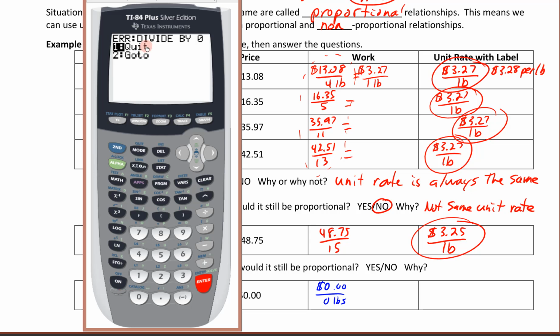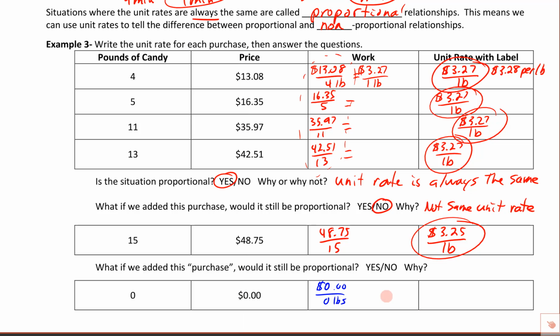It's an undefined quantity. In fact, it'll tell you what the problem is. That's the cool part about a calculator. These are smart enough to know, hey, you put the wrong thing in here. We can't divide by 0. It even tells us that the problem is the denominator. It's not the numerator. It's not that the top is 0. It's that the bottom is 0. Okay, so what we're going to put here is NA. There is no unit rate for this particular one.